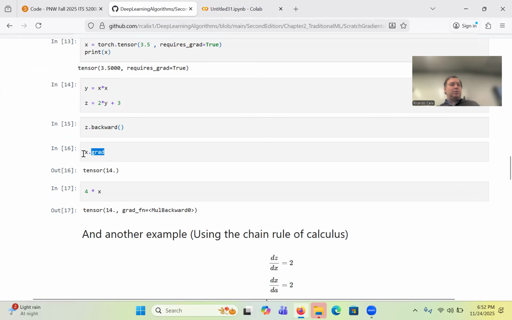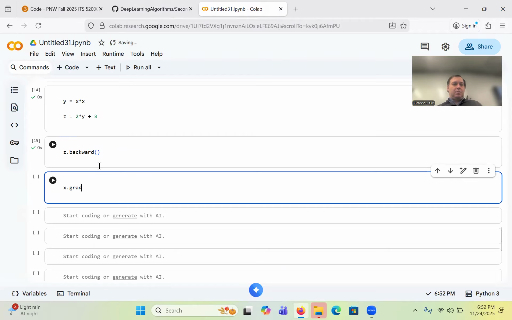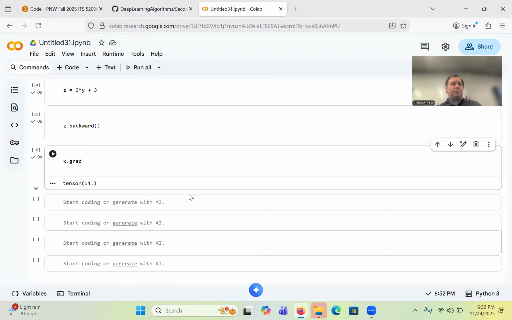So now x is 14. Do you guys see that? Again, we have x through the function giving us a value. X through the function after the derivative gives us another value. And that value should be 14.